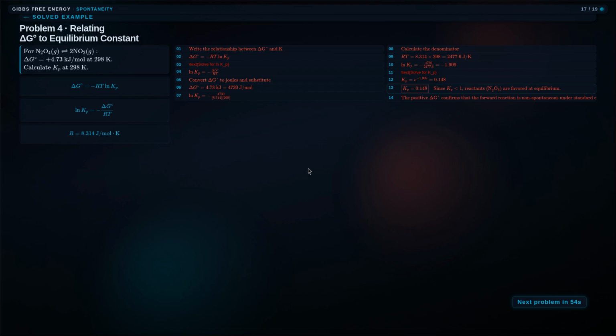Step 4. Solve. Kp equals e to the negative 1.909 equals 0.148. Since Kp is less than 1, reactants are favored at equilibrium. The positive delta G naught confirms that the forward reaction is non-spontaneous under standard conditions.